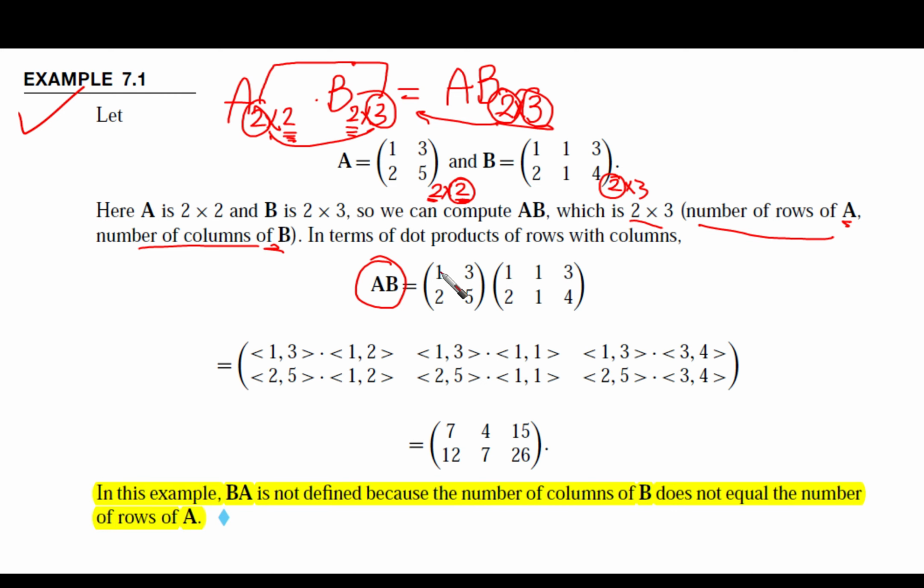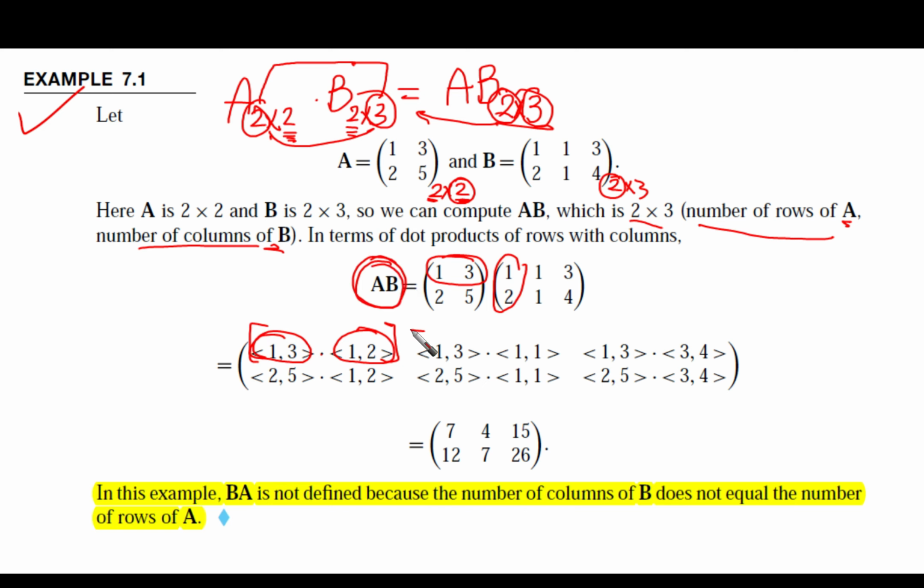So we're going to look at the first row here. It is going to be 1 and 3. So we say that this is a vector containing 1 and 3. We are going to dot product it with 1 and 2 here, which is the first column in the second matrix B. So this is the first element in the output product AB.